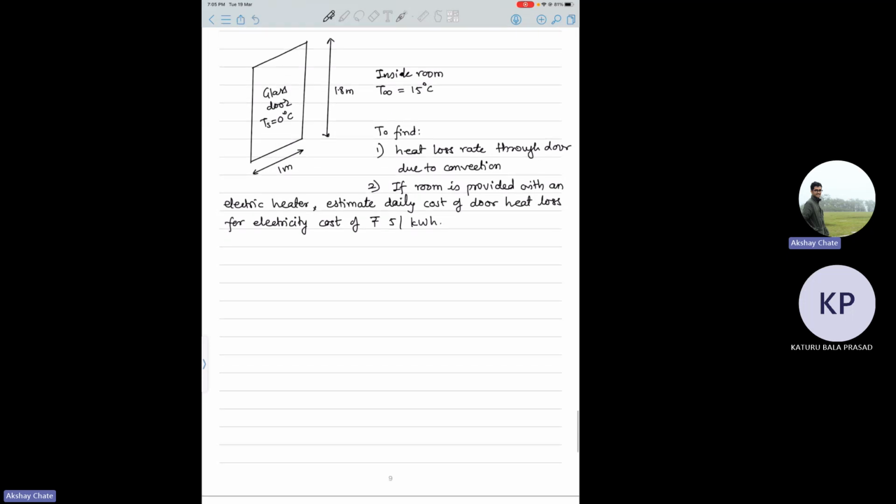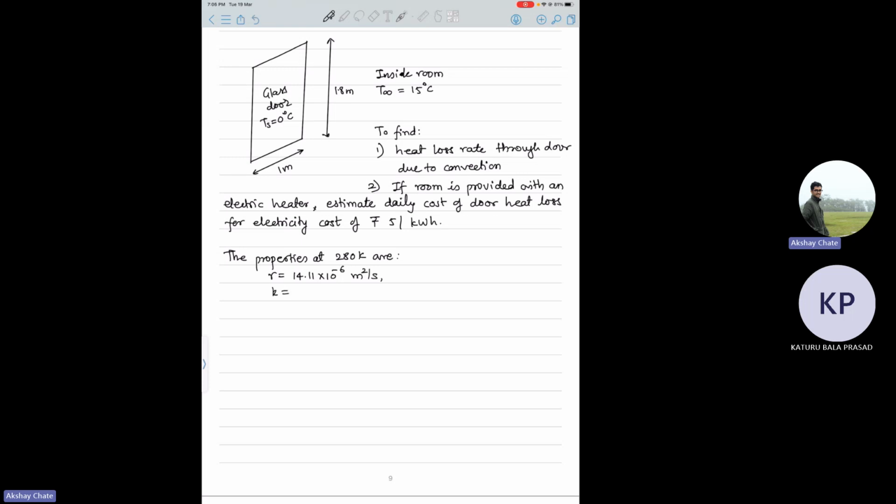So there is some cost angle also involved in this case, and they have given the properties at 280 Kelvin. The kinematic viscosity is given as 14.11 into 10 to the power minus 6 meter squared per second.